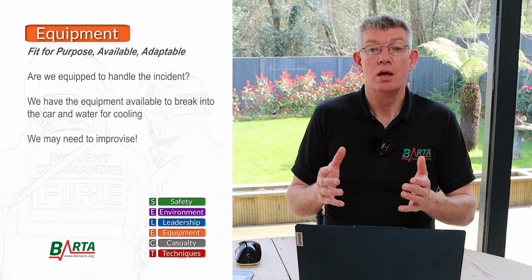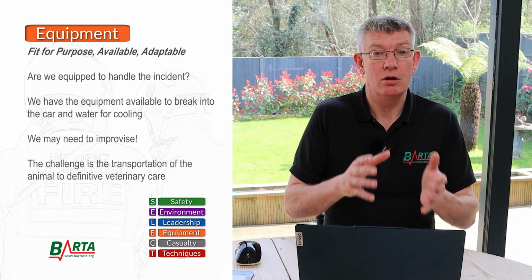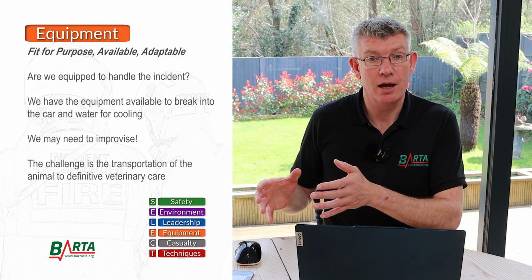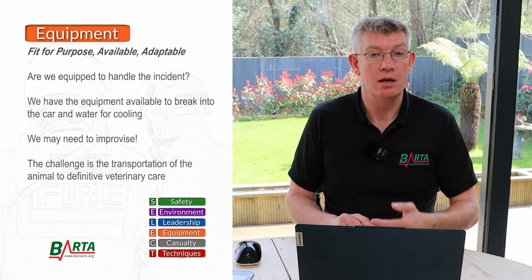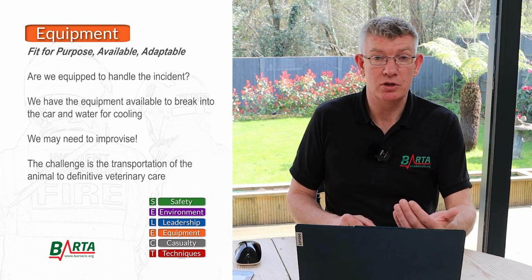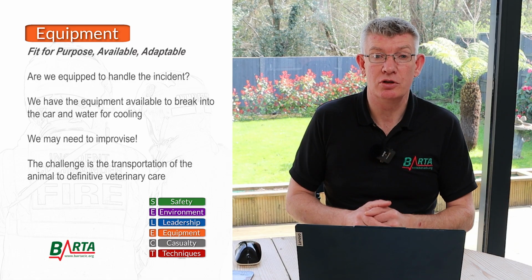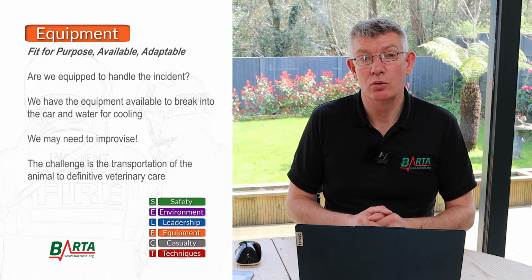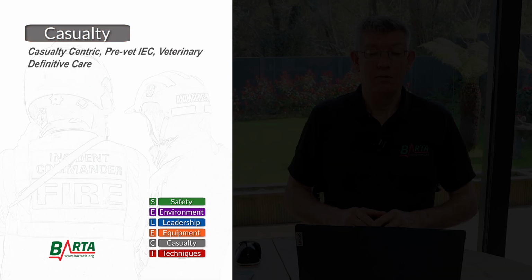The thing that will be a challenge potentially is the transportation of that animal to definitive veterinary care. You know, hopefully we can establish the owner's whereabouts by then, and that responsibility will fall to them. But if they're not found, then how do we get that animal to the vet? And that will be an important tactical decision, and one that needs to be made very quickly.